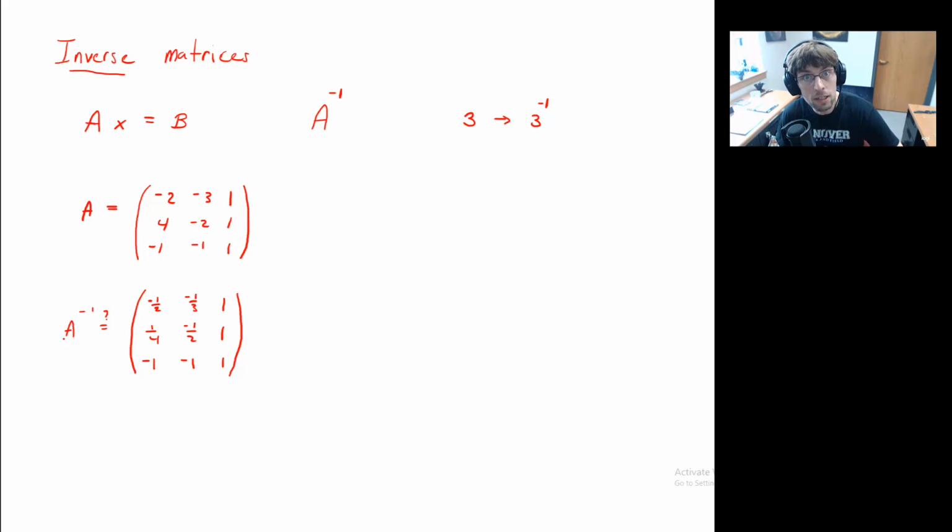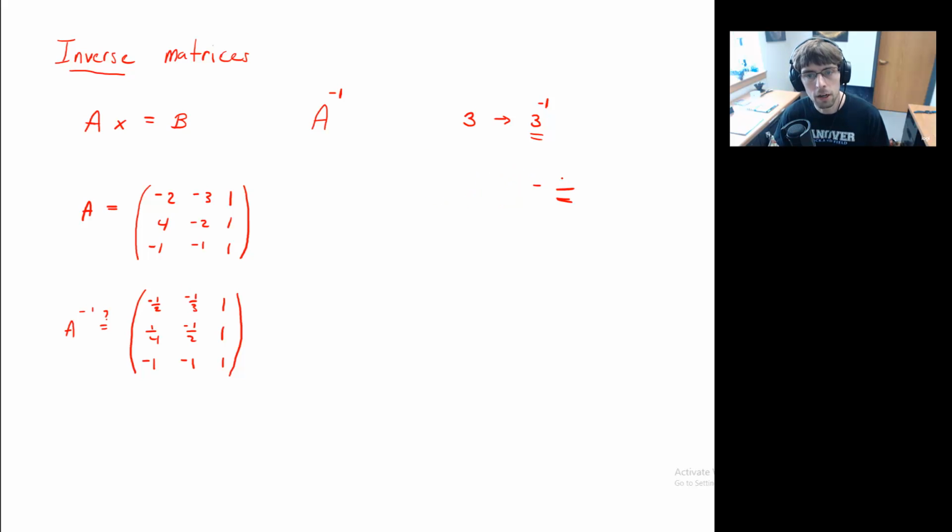What does it mean to be an inverse? If I take 3 and multiply by the inverse of 3, what should my final answer be? Yeah, 1, right? That's the function of an inverse. When you take a value and multiply by its inverse, you should end up with 1, the unity value.